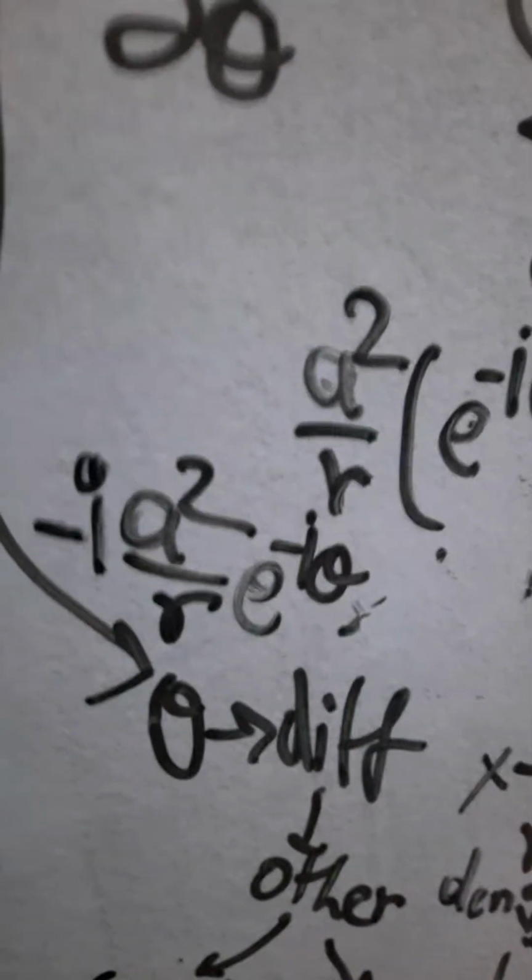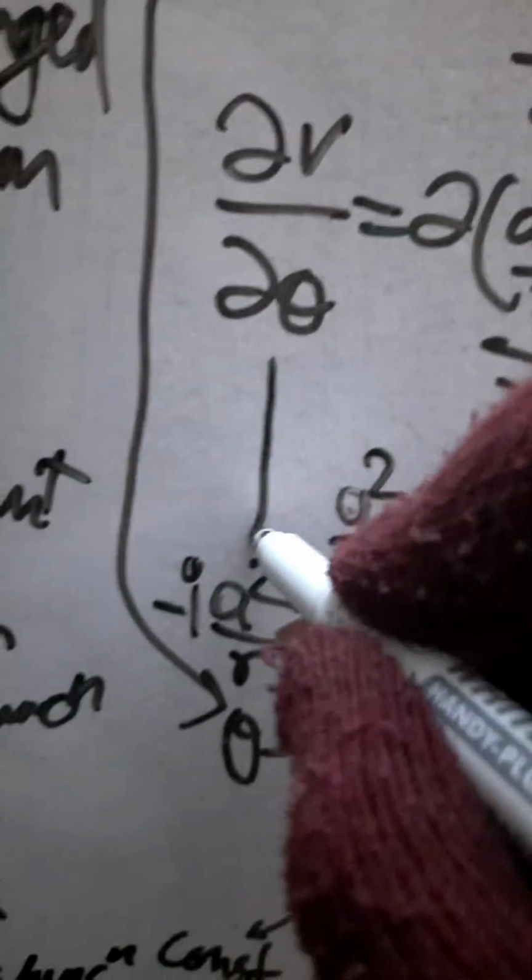It became 1. Then we multiplied this by minus i. Anything multiplied by 1 is itself, so it is minus i, multiplied by minus i. So it is minus i, a square by r, e raised to minus i theta. So now we have it all. Del v by del theta is this, okay?